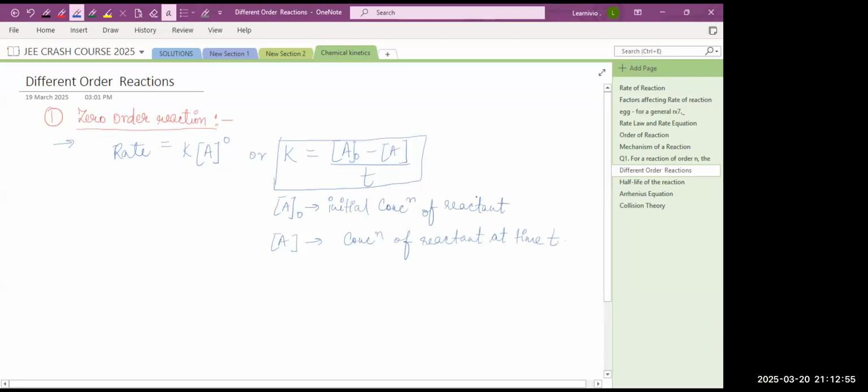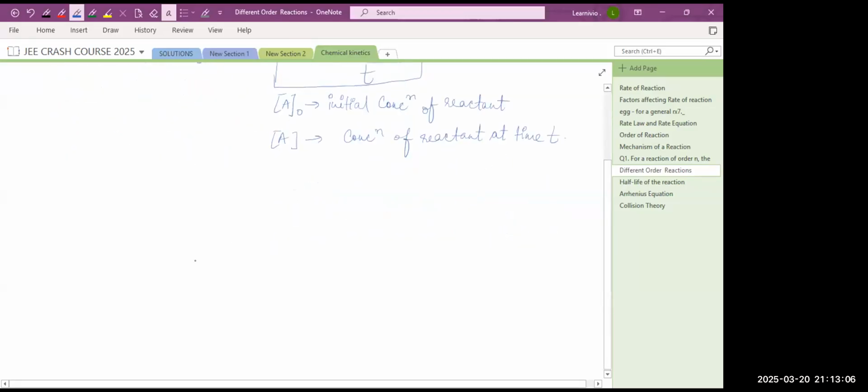Okay. And in a zero order reaction, the rate doesn't depend upon the concentration of reactants. So when you plot the graph of concentration versus time, you will get a straight line, this type of graph.